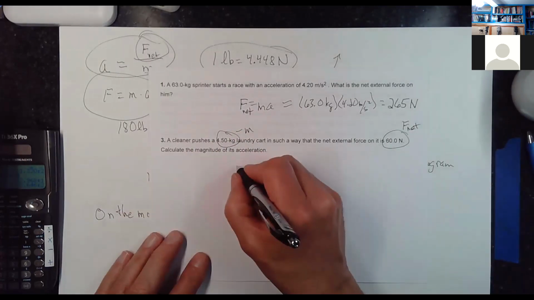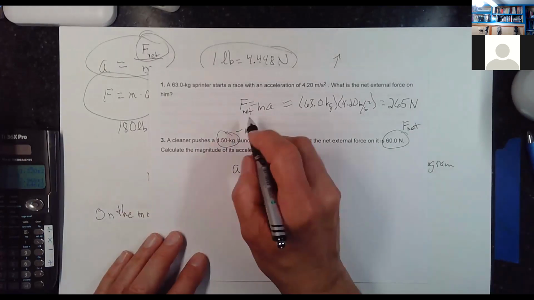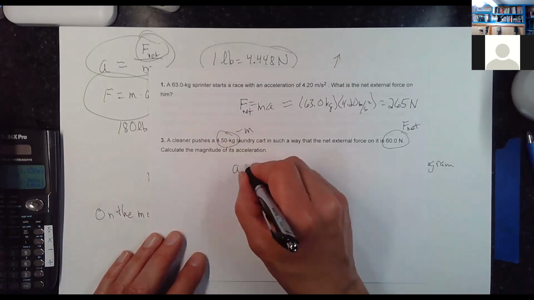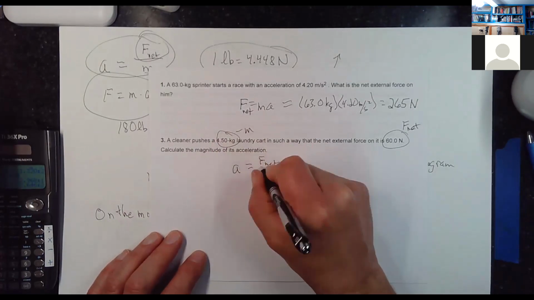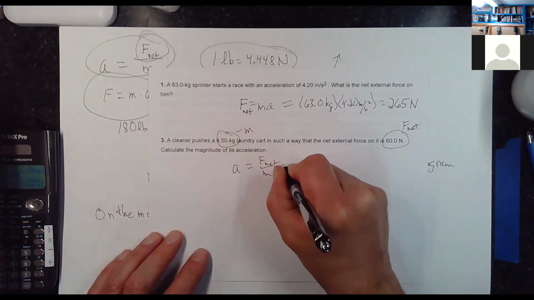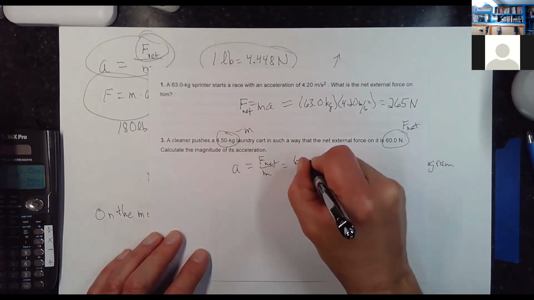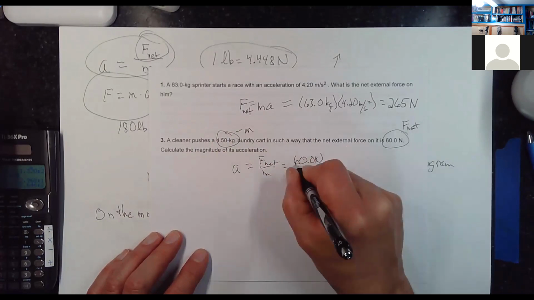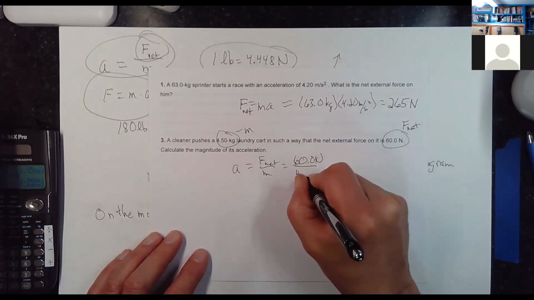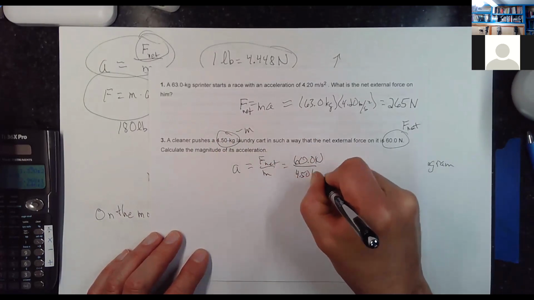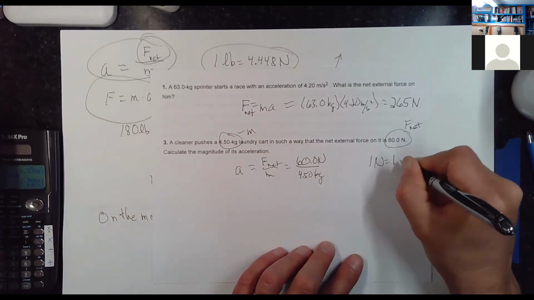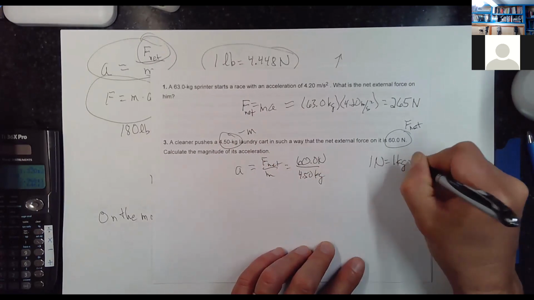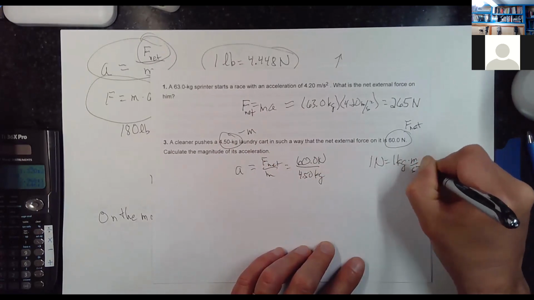And so when that's the case, you solve Newton's second law for the acceleration, and that's just going to be F net over the mass, and 60.0 newtons divided by 4.50 kilograms. And remember, 1 newton is equal to 1 kilogram meter per second squared.